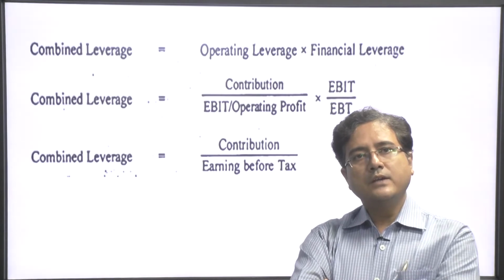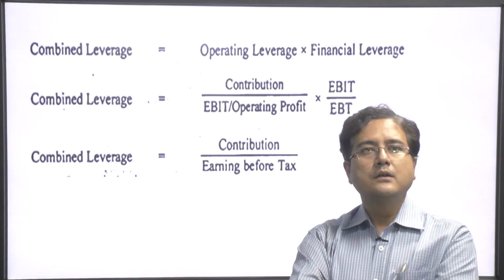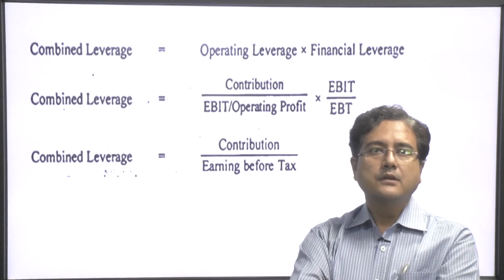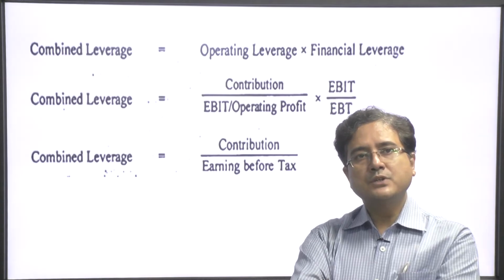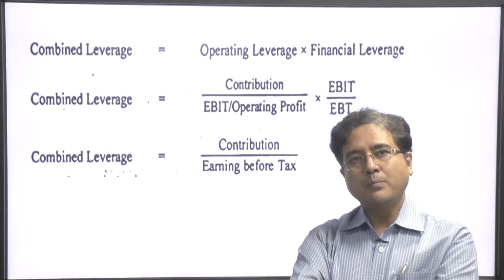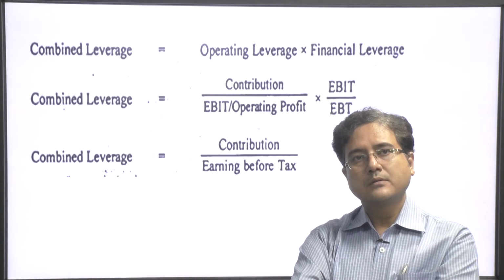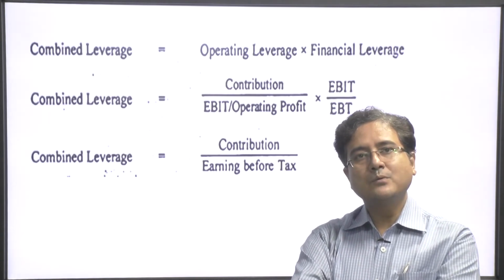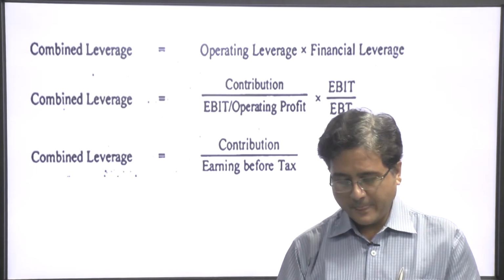So, how can we calculate the combined leverage? This is a simple formula: operating leverage into financial leverage. Operating leverage means contribution divided by EBIT or operating profit, multiplied by EBIT divided by EBT.